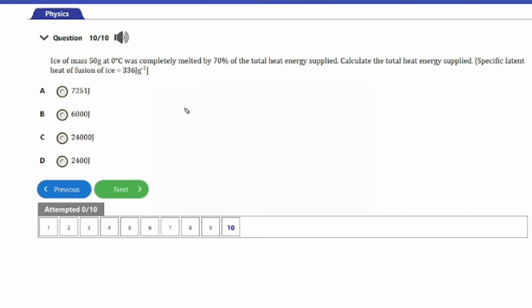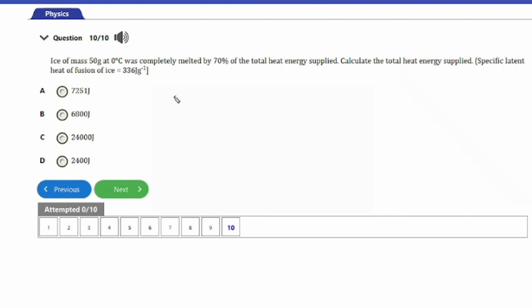So let's take specific latent heat of fusion of ice to be 336 joule per gram. So guys, again, since we have the specific latent heat here in joule per gram, we are going to leave the mass in gram. We are not going to convert it. So we said here it was completely melted by 70% of the total heat energy supplied.